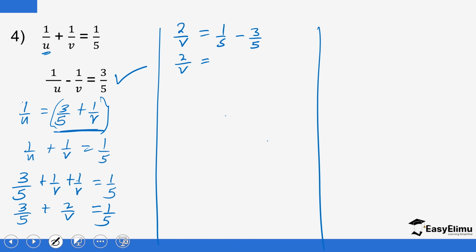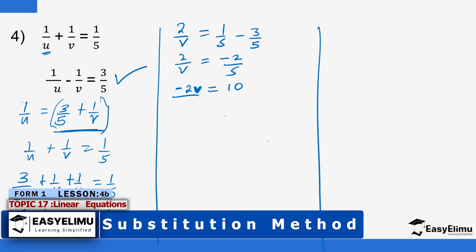So it's just a matter of subtracting the numerators, and that will give us negative 2 over 5. Cross multiplication will have minus 2v is equals to 10. So divide both sides by negative 2. v is equals to negative 5.